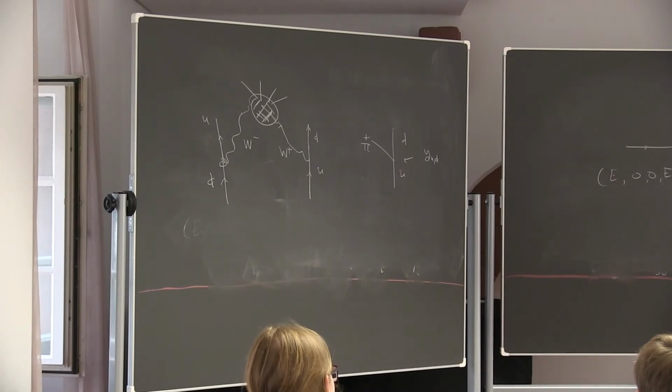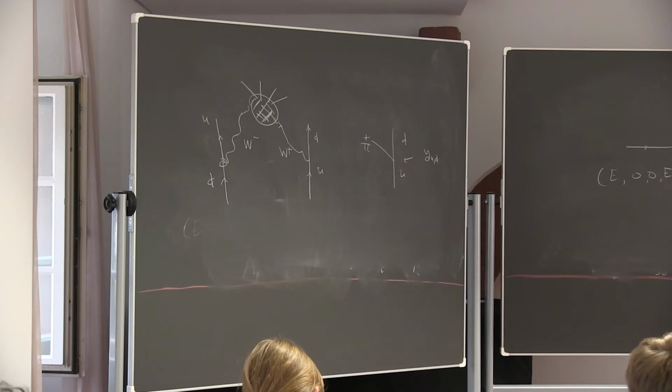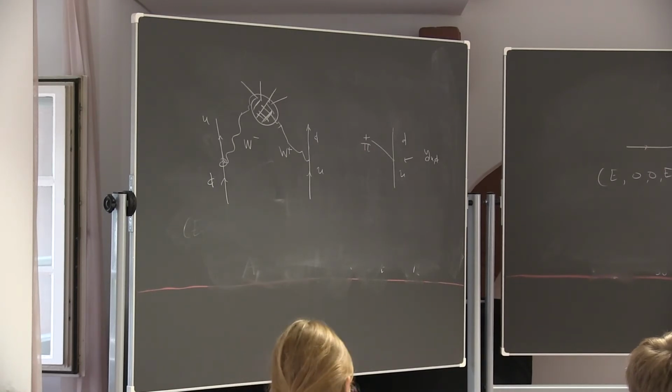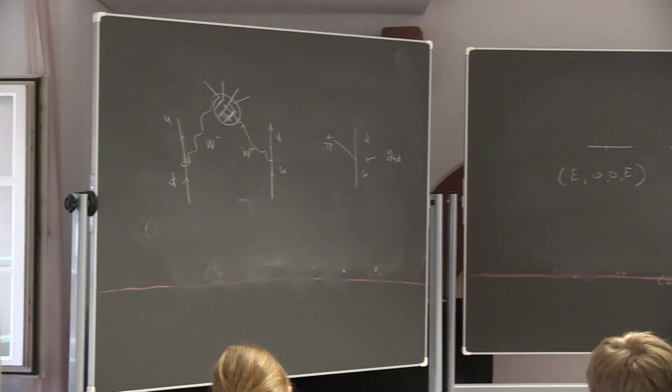But it has some non-zero PT. So you have to write E times (1 minus Z) minus PT squared over 2E times (1 minus Z). That puts it on shell to first order in PT.